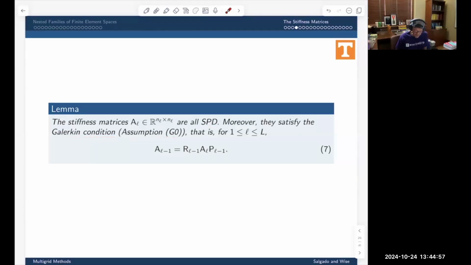That is, each A_{L-1} satisfies the condition R_{L-1} times A_L times P_{L-1} is equal to that matrix, A_{L-1}. This holds for all L between 1 and capital L. You can't go down to 0 because if our index is 0, then we're talking about matrices of minus index, which don't make any sense.